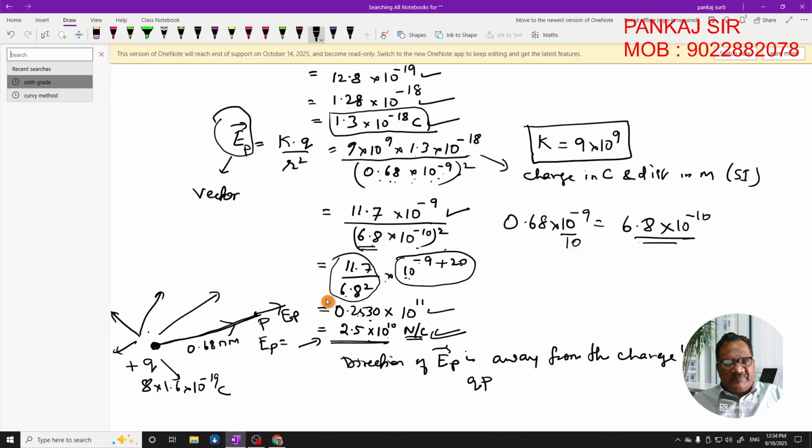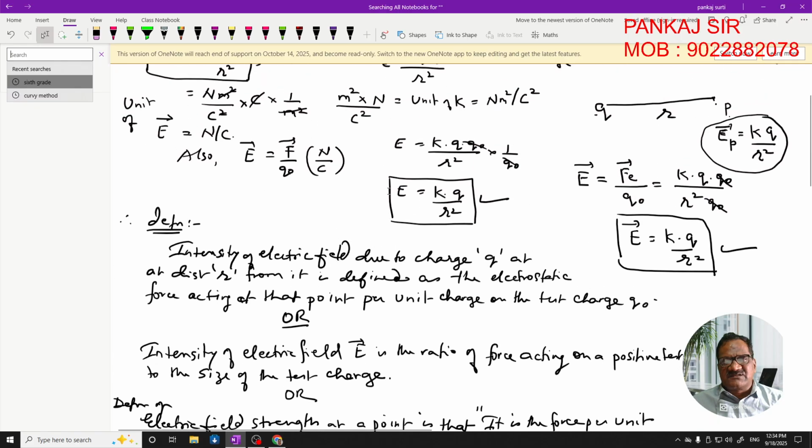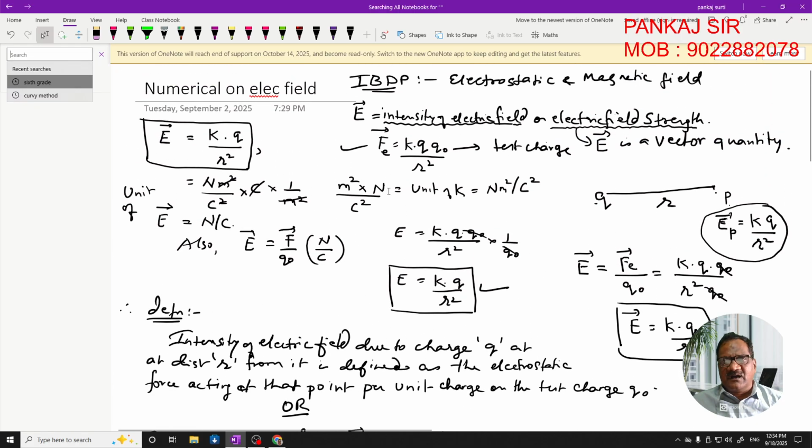So it will be going away from the charge. That is the direction. Is that understood? So that was numerical number 1 based on the electric field strength, and in the next video we'll be doing more and more numericals based on this electric field strength.